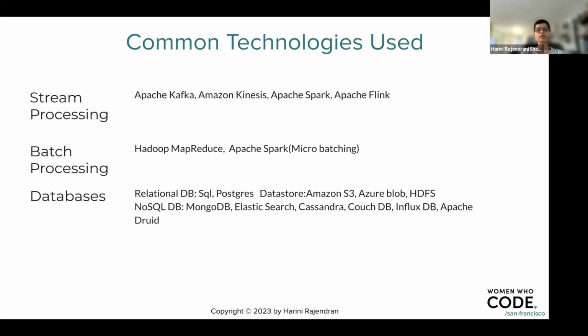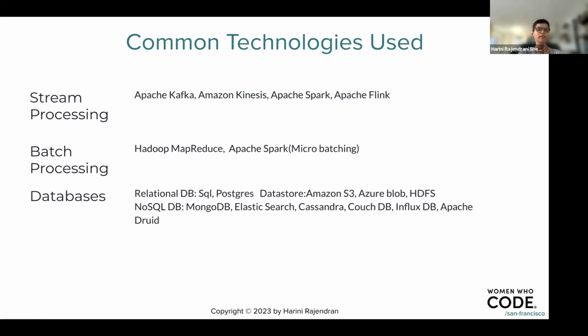If you have a lot of documents, like blobs of JSON data, on which you want to run some sort of analytics, then MongoDB could be a good fit. Or let's say you just have a bunch of key values that you want to store and query, then Cassandra could be a good fit.